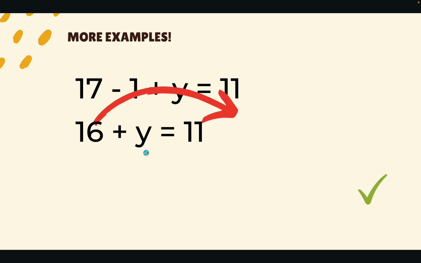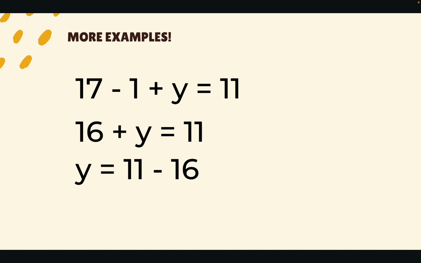So we are going to transfer or transpose 16 to the other side. So we have negative 16. That will become y equals 11 minus 16. From here, we can now solve. 11 minus 16, the answer is negative 5.